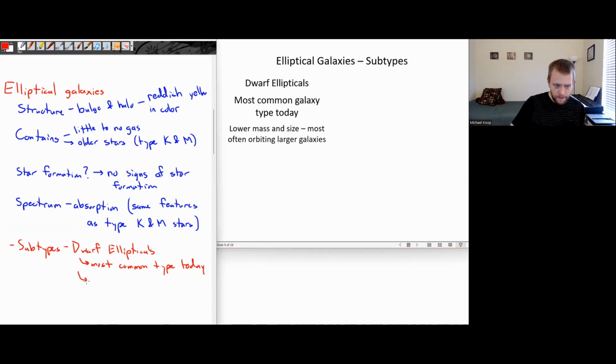So they're smaller and orbit larger galaxies.